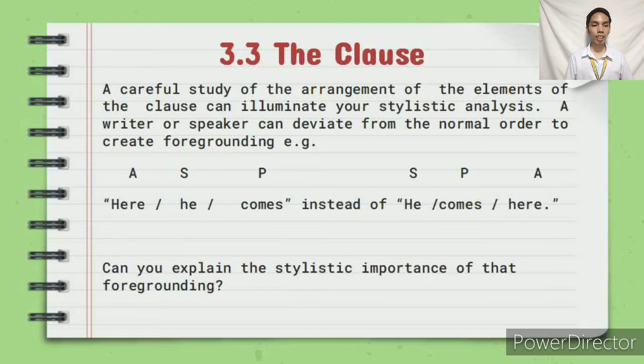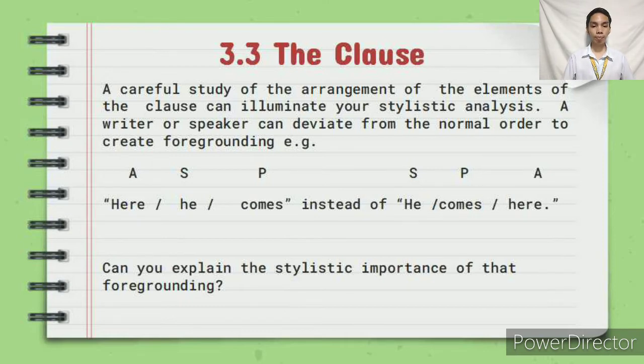A careful study of the arrangement of the elements of the clause can illuminate your stylistic analysis. A writer or speaker can deviate from the normal order to create a foregrounding. For example, here he comes instead of he comes here. Okay?